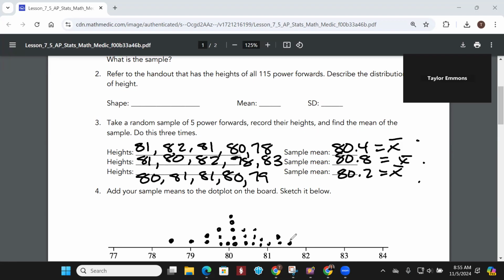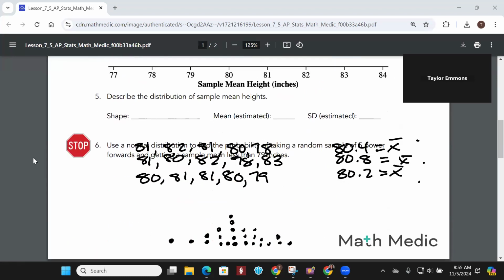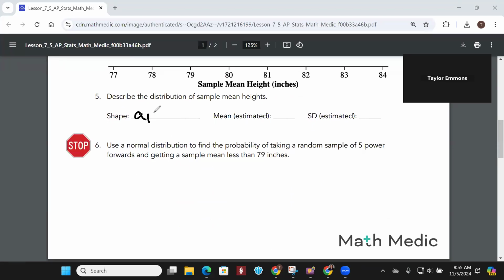All right, so we're going to describe the distribution. This is approximately normal. We have a peak and then it kind of levels off. And the mean estimated is about 80. It's not super perfect. This is what we're going to call mu sub x bar, which is just a mean.